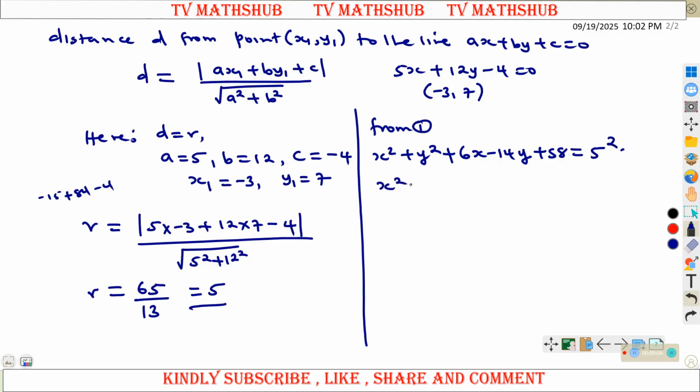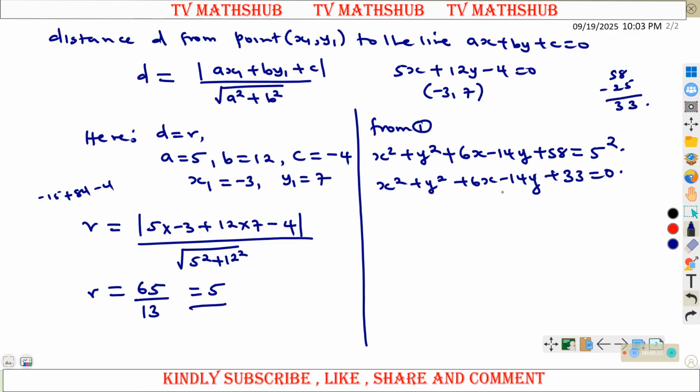So this will be x squared plus y squared plus 6x minus 14y. Then we shall bring this one this side, that will be 58 minus 25, and that will be same as 33. So this will be plus 33, which is equaling to 0.